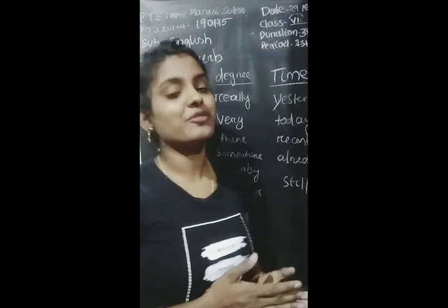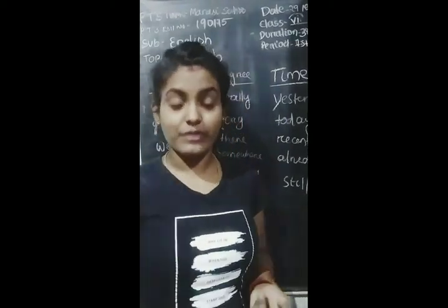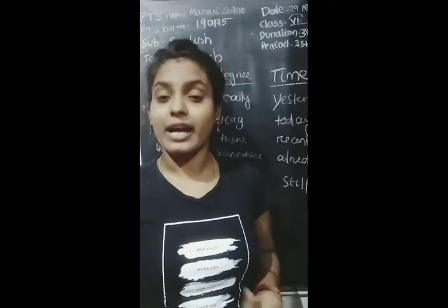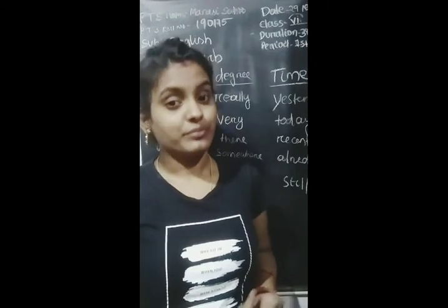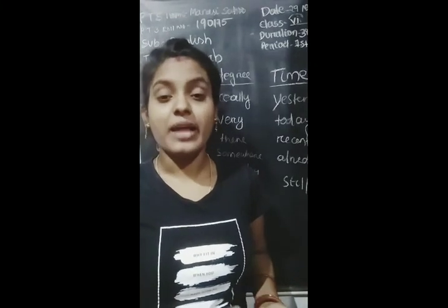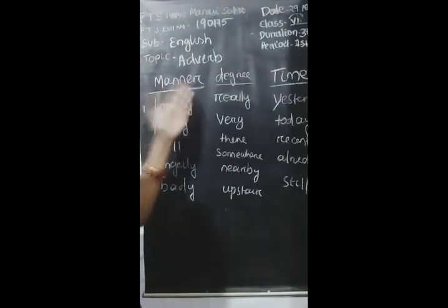So shall we move towards the types of adverbs? As I told you, there are five types: adverbs of manner, adverbs of degree, adverbs of place, adverbs of time, and adverbs of frequency. So, adverbs of manner.